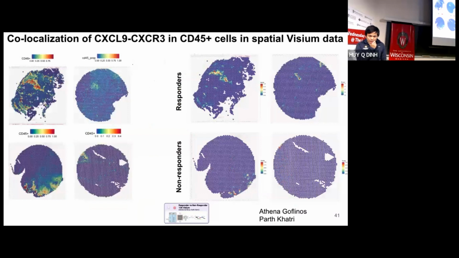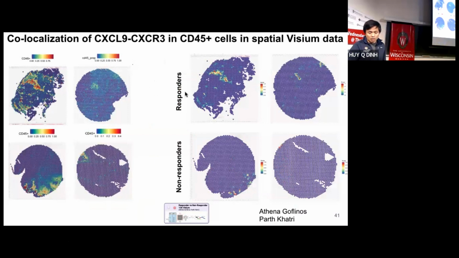So, we're looking at CXCL9 and CXCR3 in the immune cell. And here is an example of 2 responders and 2 non-responders. You can see this T cell sample has a lot of immune cells based on our estimations, and this one has a little bit less, but both of the patients respond. And these have more immune cells, and these have less, and those 2 patients do not respond.